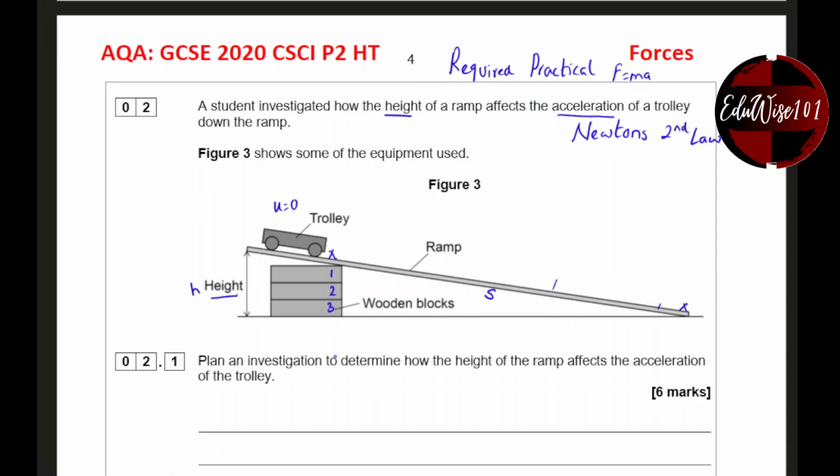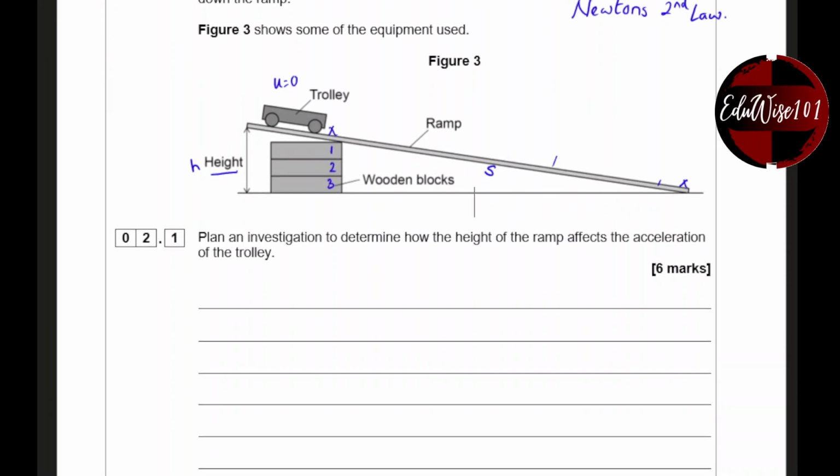So, plan an investigation to determine how the height of the ramp affects the acceleration of the trolley. For the 6-mark question, how would you answer this question? So you need to take it step by step. First of all, you can change the height of the ramp by changing the number of wooden blocks under the ramp.